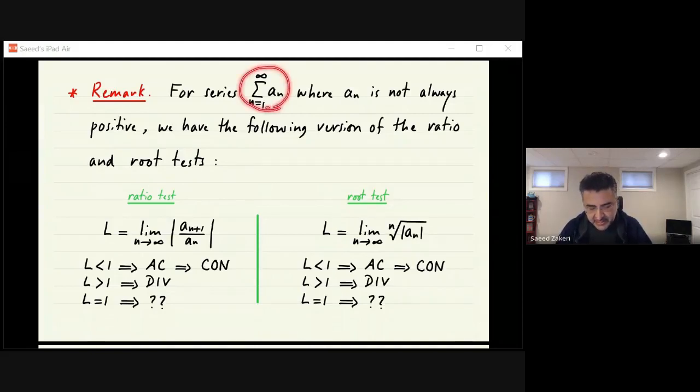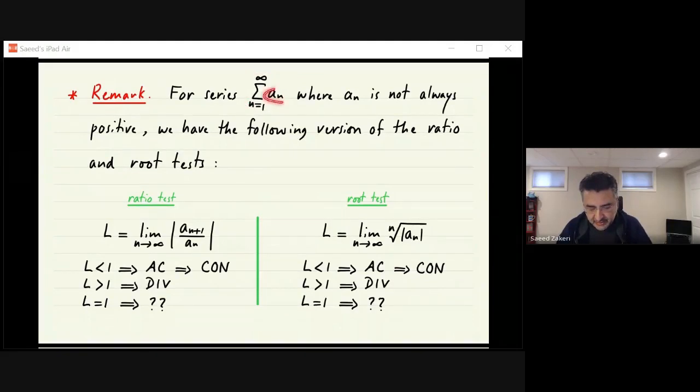Now here, if this series an does not necessarily have positive terms, what I can do is take absolute value of an, and now I form absolute value of an plus 1 over absolute value of an, which is the same thing as absolute value of the whole thing, an plus 1 over an.